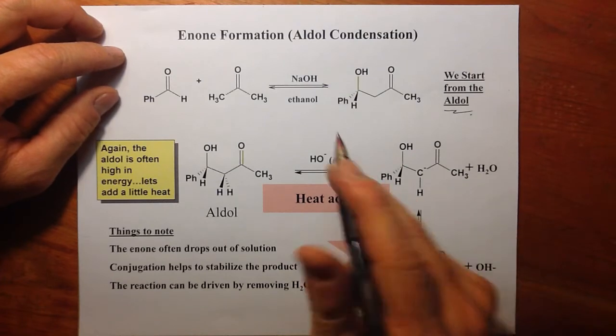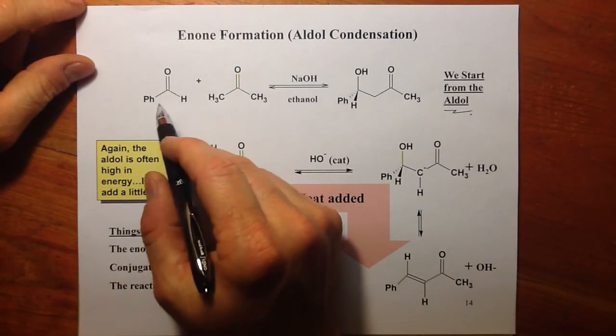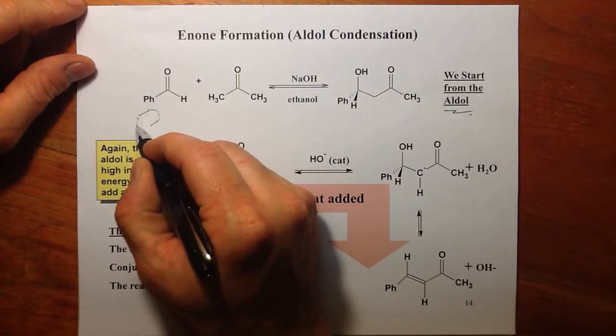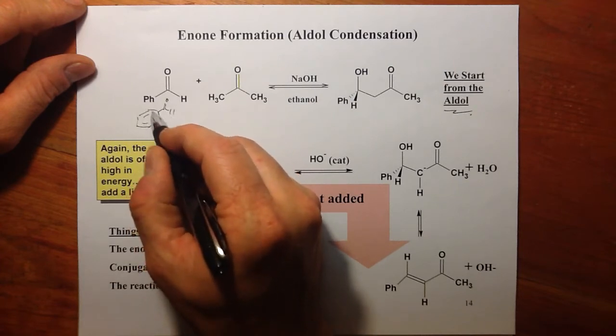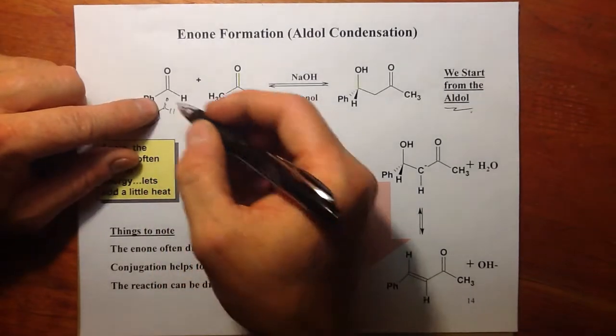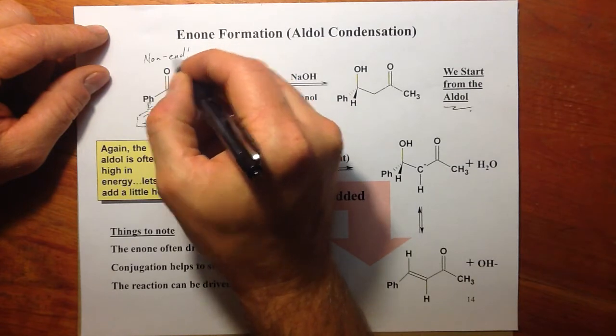So let's look at this reaction specifically up top here, the benzaldehyde, where we have a benzene ring connected to the carbonyl. Phenyl group is a benzene ring. This is a non-enolizable aldehyde.